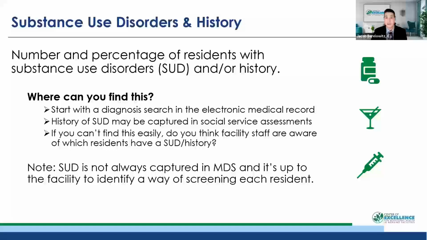If, say, you're a nurse manager, or you're an administrator, director of nursing, and you're struggling to identify those residents, how can you expect the floor nurse or the CNA to be mindful of that and to know how to work with those residents, right? So think about whether you currently have a good system for clearly identifying those residents, or whether that's something to work on that you'd like to improve.